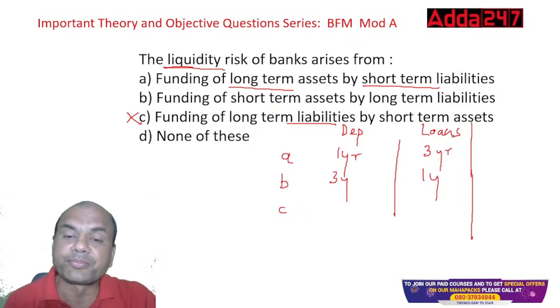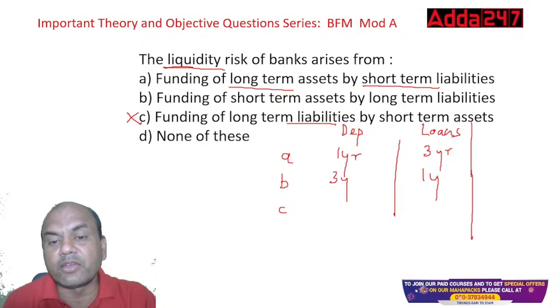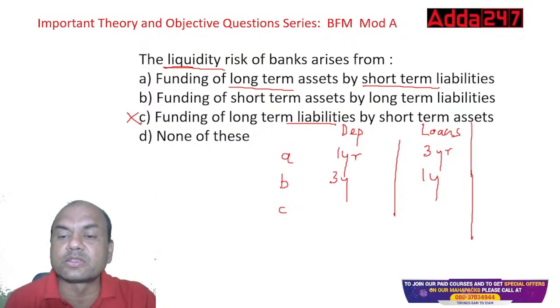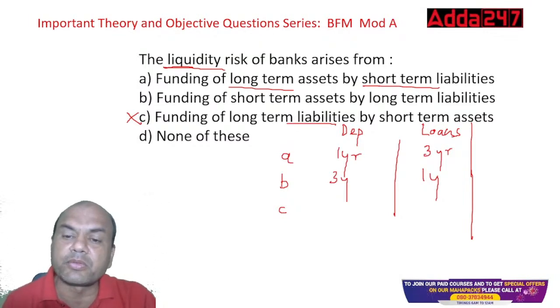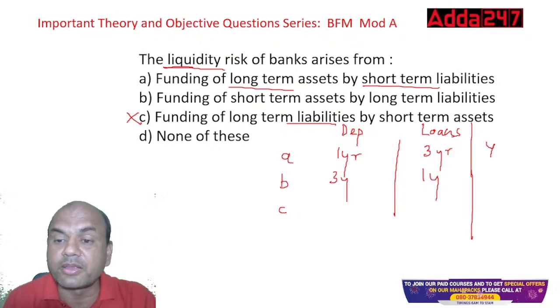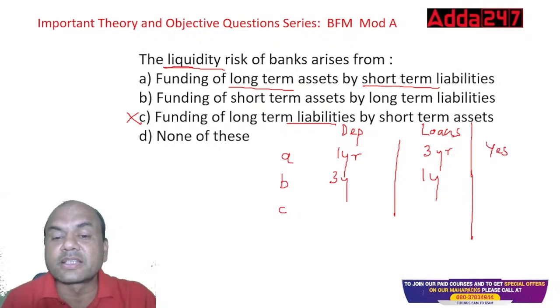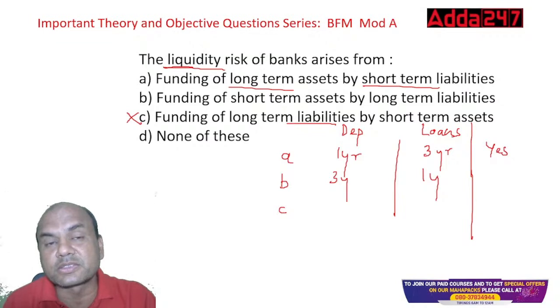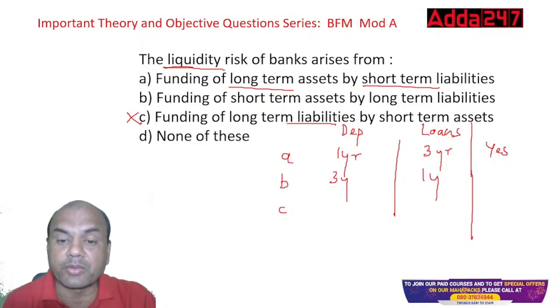Now the question lies between A and B. In A, I have a 1 year deposit and I have given a 3 year loan. Will it create a problem? Yes, because the person who deposited will come to me after 1 year, but the borrower will pay me after 3 years. What about B?